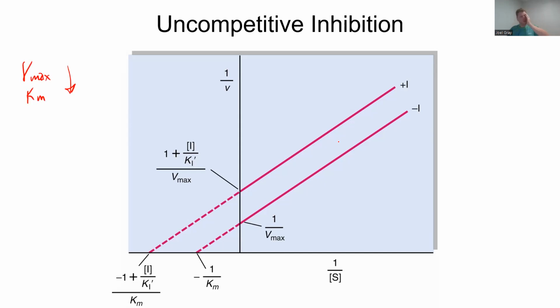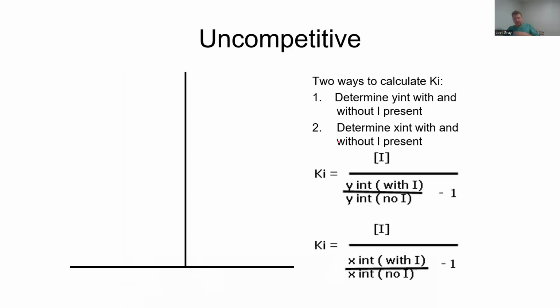The Km goes down because our affinity for our substrate has effectively gone up. Our maximum velocity has also gone down. So a way that you could calculate your Ki is you could determine the y-intercept with and without the inhibitor present. You can also determine the x-intercept with and without the inhibitor present.